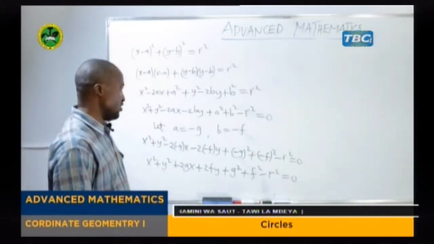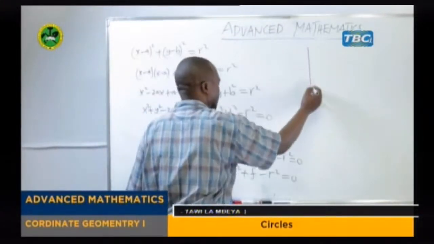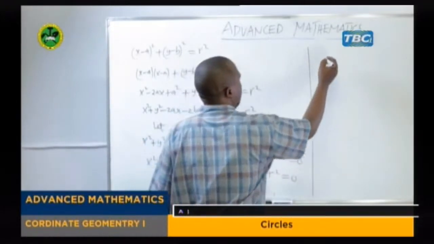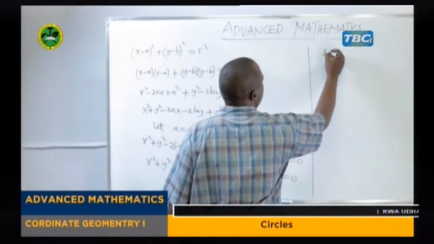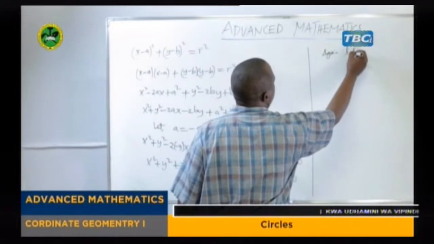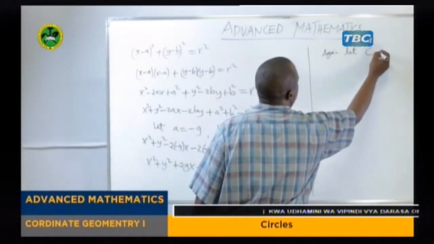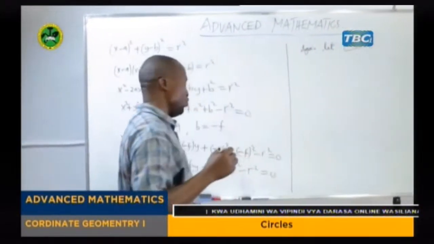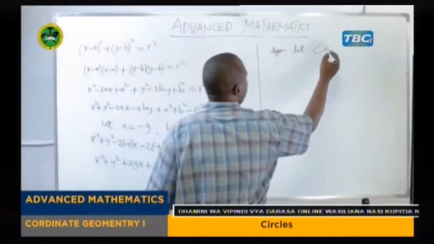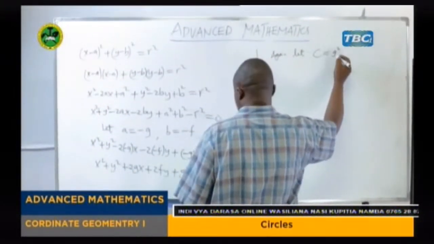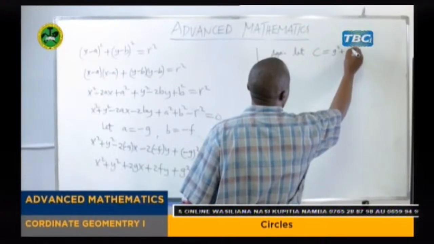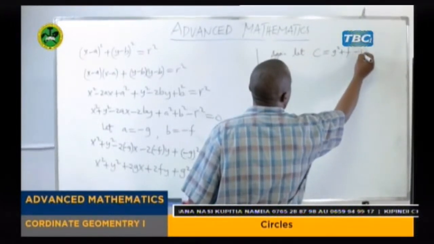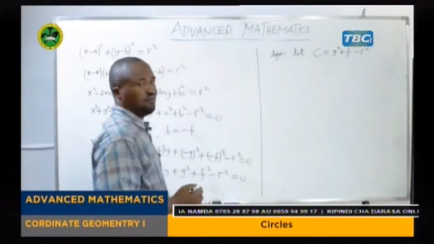So in this case we say again, let c be equal to g squared plus f squared minus r squared.